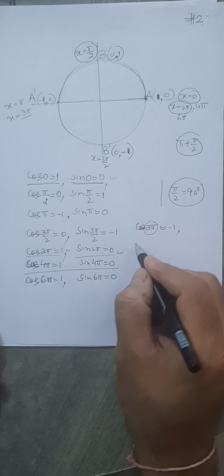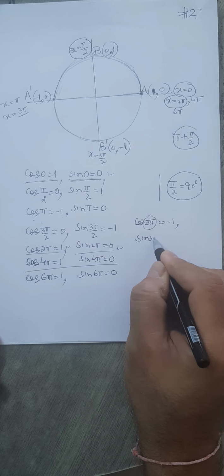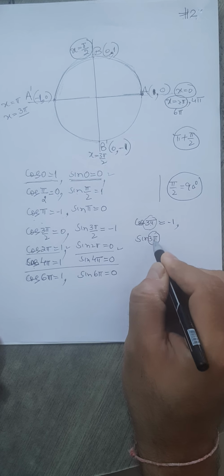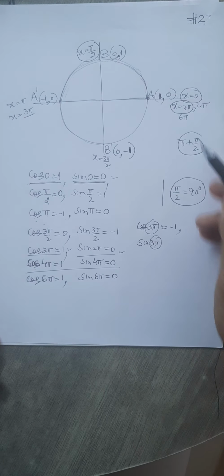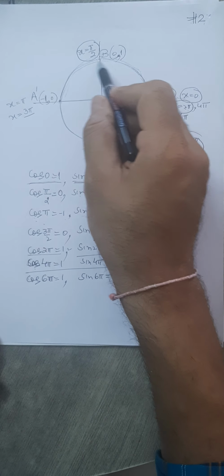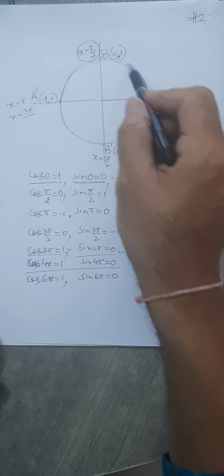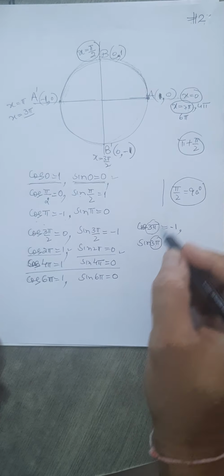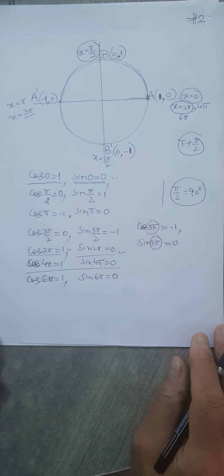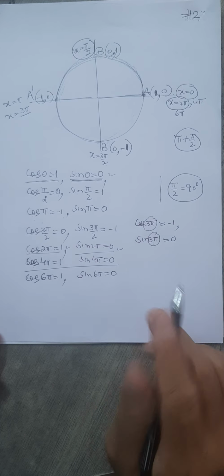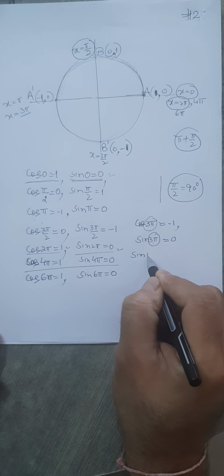If I ask you what is sine 3 pi, you ask yourself where 3 pi is on the unit circle. It is here, because one rotation is 2 pi, then a half rotation is pi, so this becomes 0. Suppose I want to answer sine 100 pi.